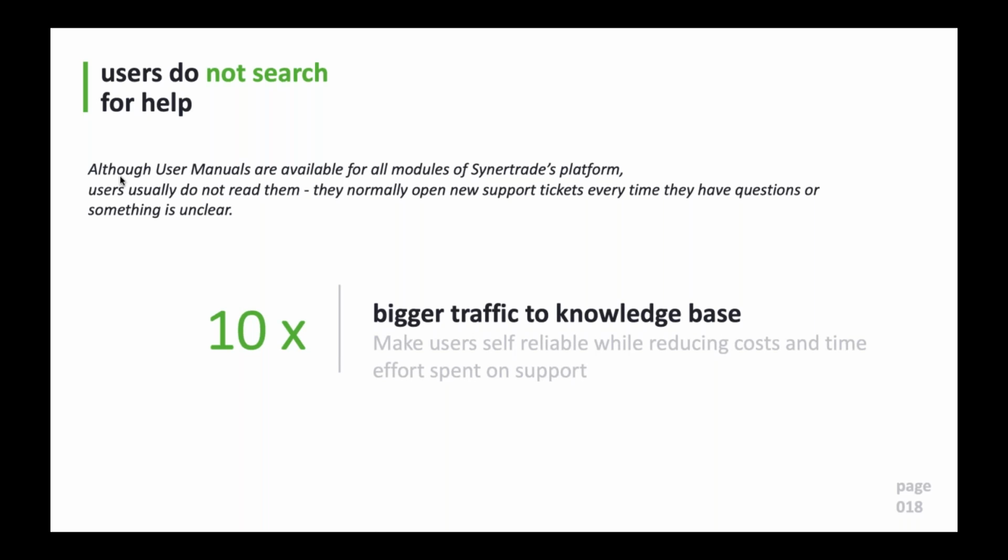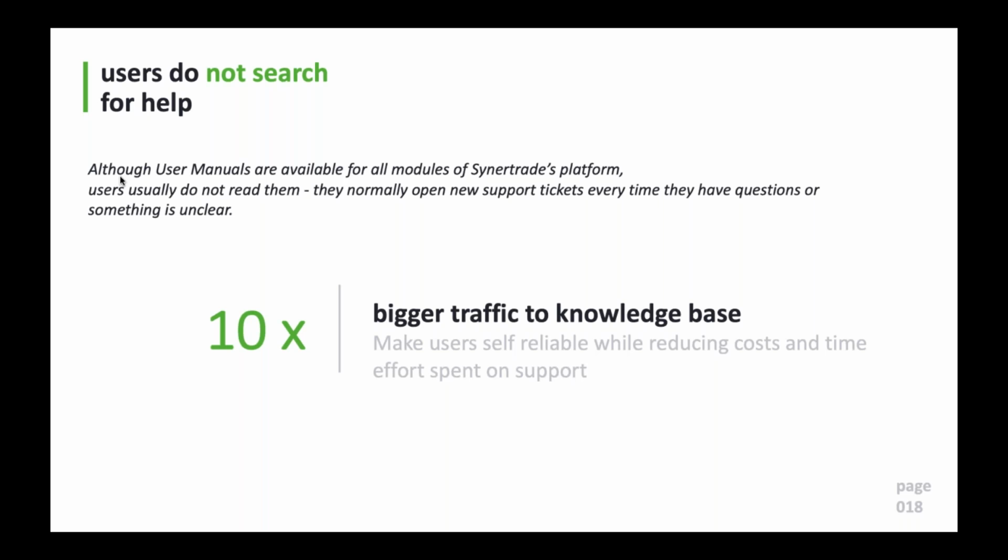We have seen that Nuvart can help you embed guides into the tool. But what we helped Sinetrade do is that we did not convert each and every article into a journey, into a guide. Instead, we just added tips.